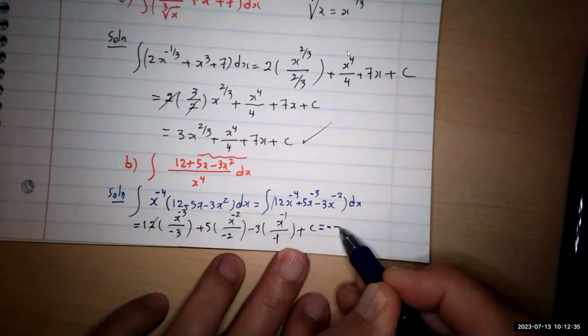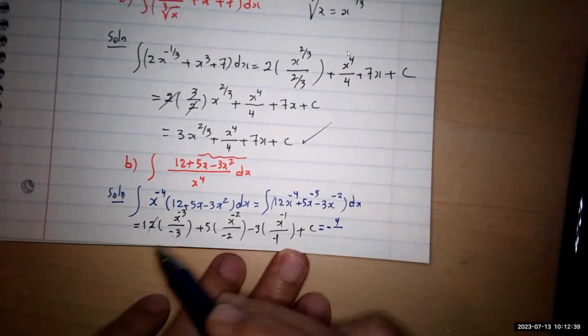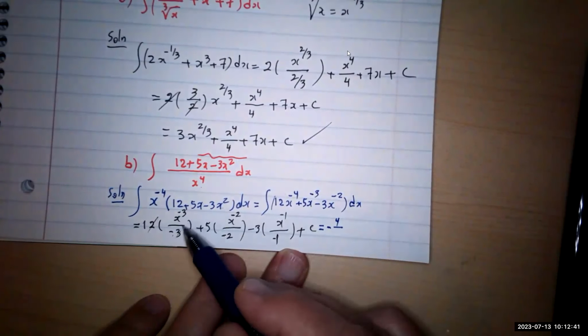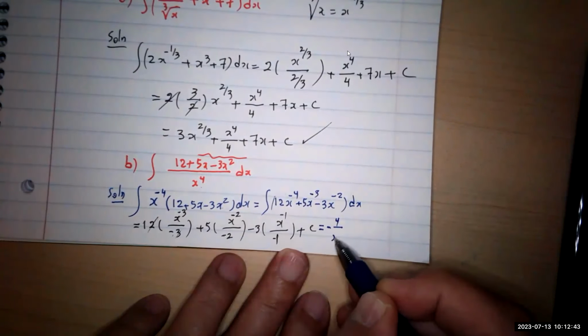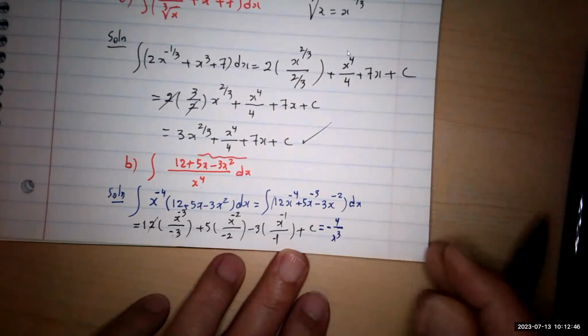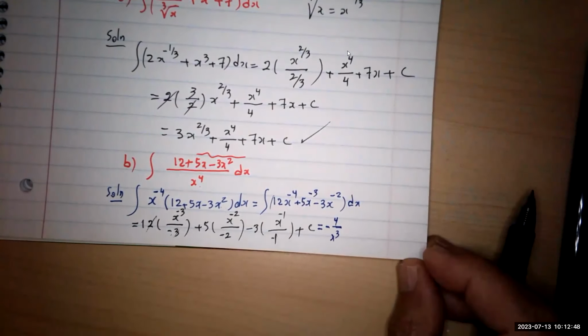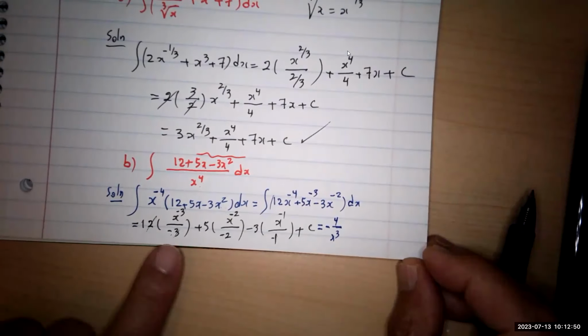I put the fraction. The top is going to be 4, because 12 divided by 3 would be 4. I bring x to the -3 down, x cubed. You cannot have any negative power in your answer. So 12 divided by -3 would be -4 divided by x cubed.